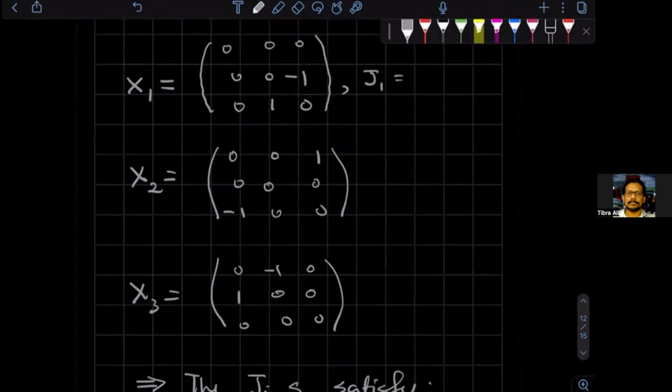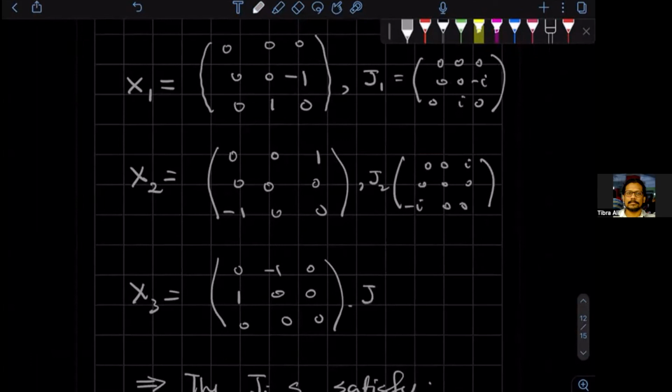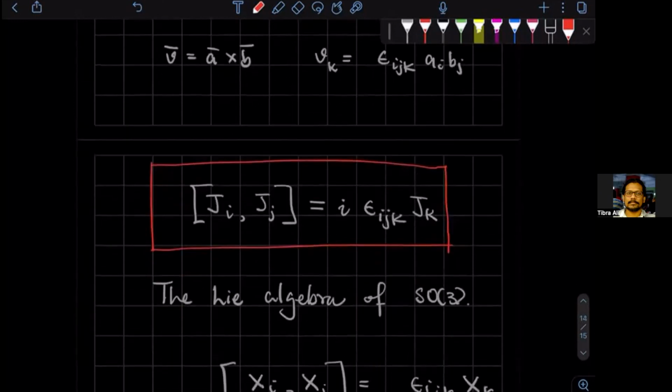So J1 is going to be... as you can see, not a good way of looking at it. The J1, J2, J3 are going to be a representation of the Pauli algebra.